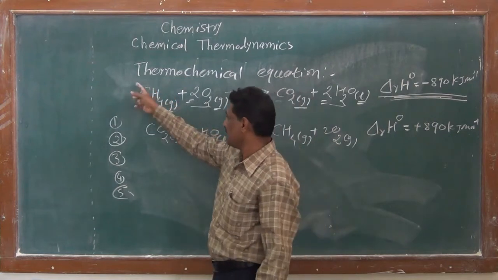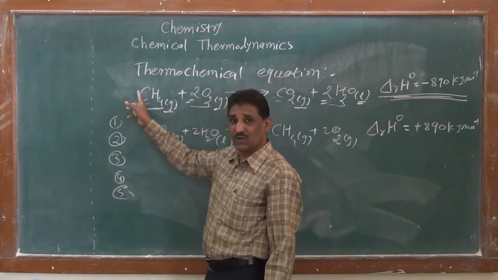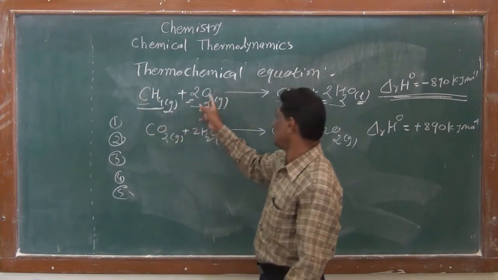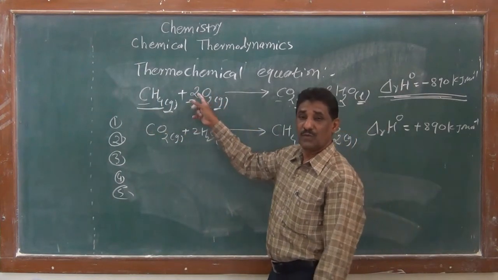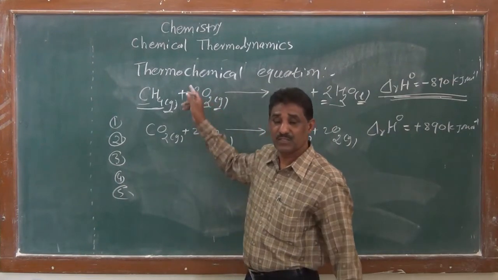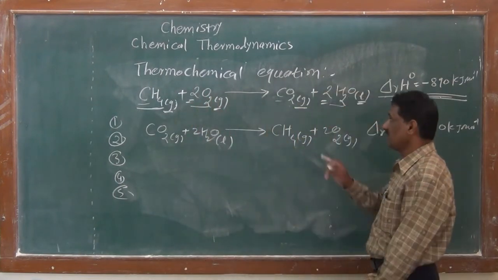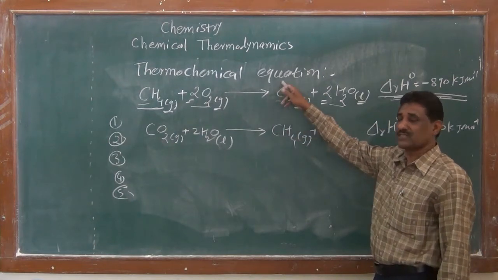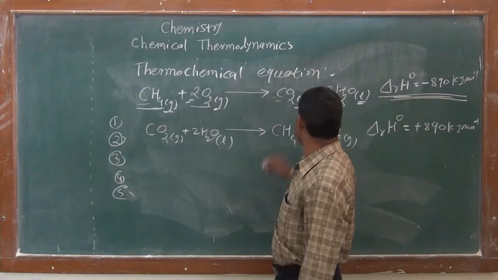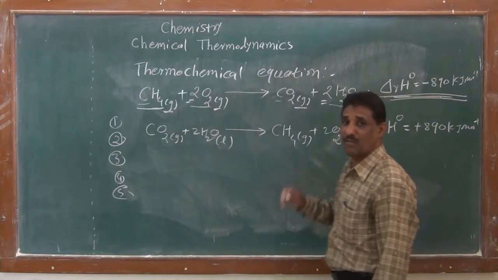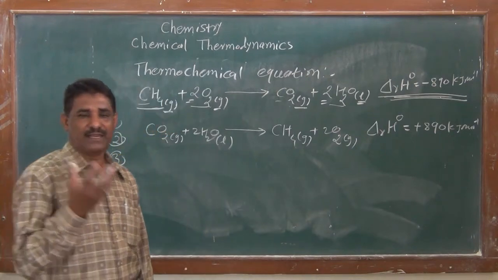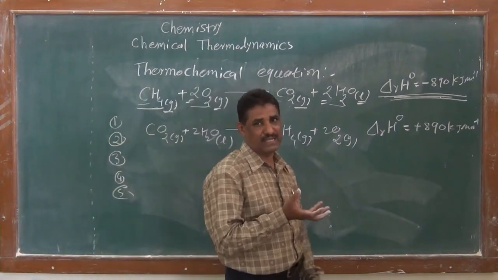Here no coefficient means 1 mole of methane. Here 2O2 means the coefficient 2, which is 2 moles of oxygen. Then no coefficient means 1 mole of CO2. Here 2 is the coefficient, which means 2 moles of water. These are the guidelines for writing the chemical reaction.